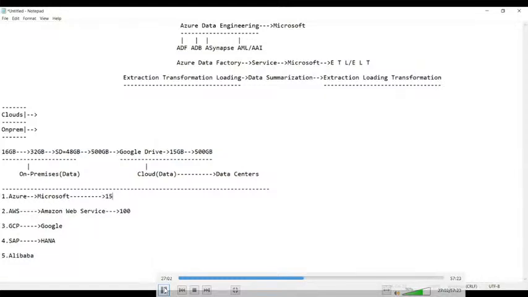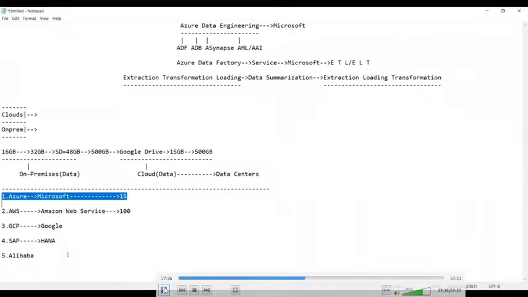So Azure is a very economical service, comparatively cheaper than Amazon. Hence the number one product available in the market in cloud technology is Azure, from Microsoft. Getting my point?